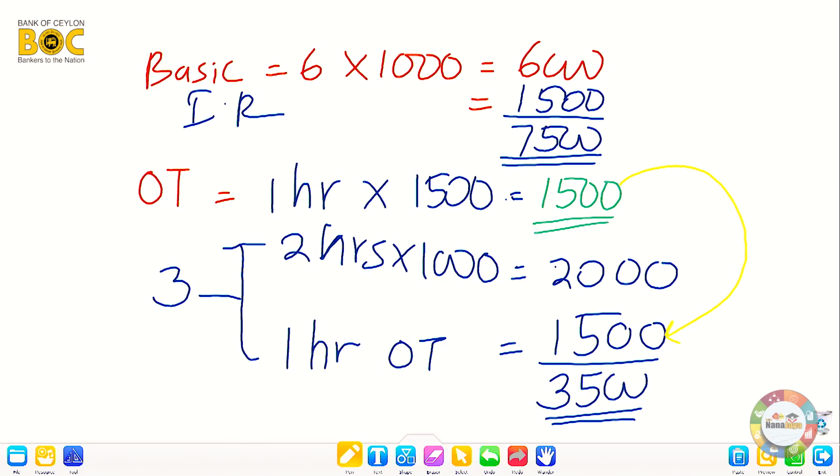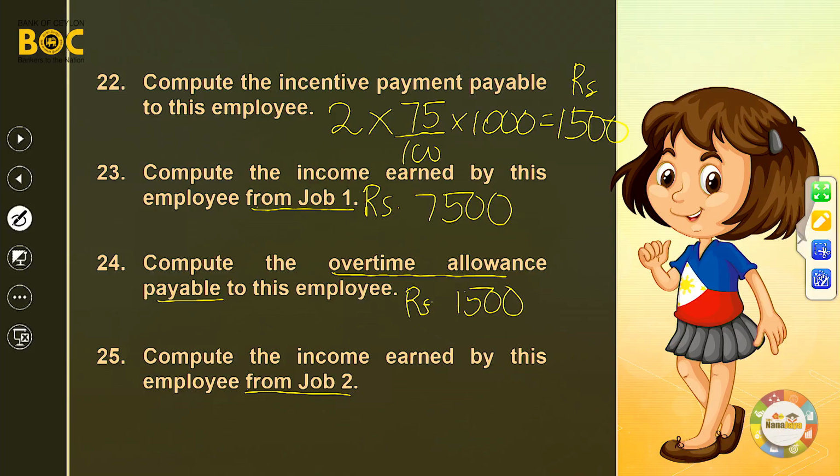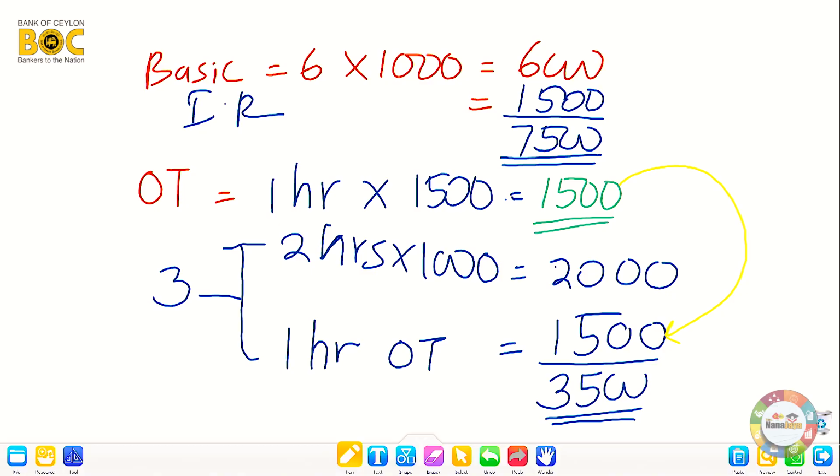From job number 2 he has earned 3,500 rupees. Why? He has spent 3 hours, the first 2 hours at normal rate, the balance 1 hour at overtime.